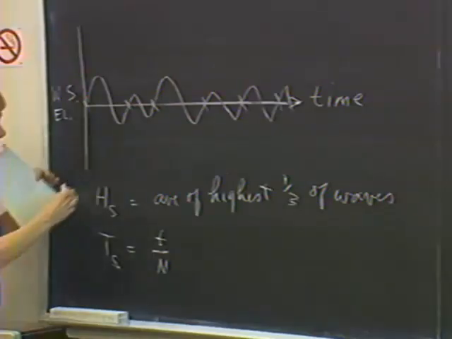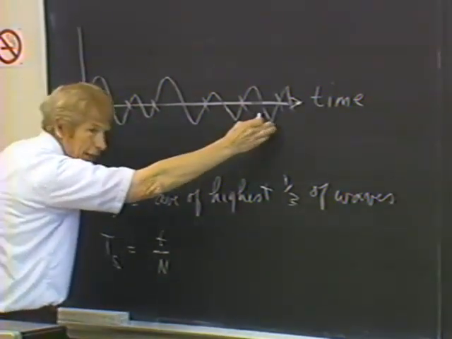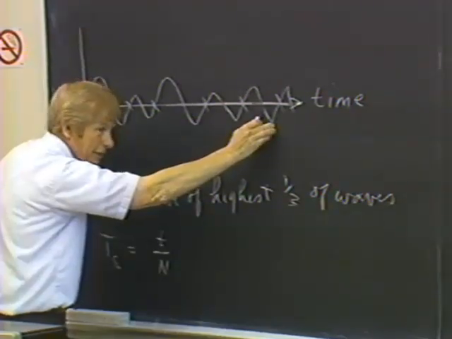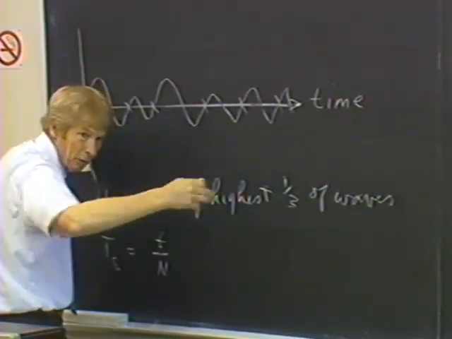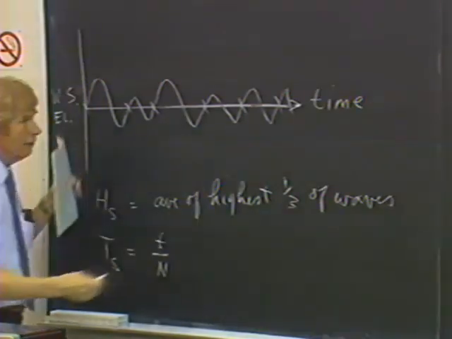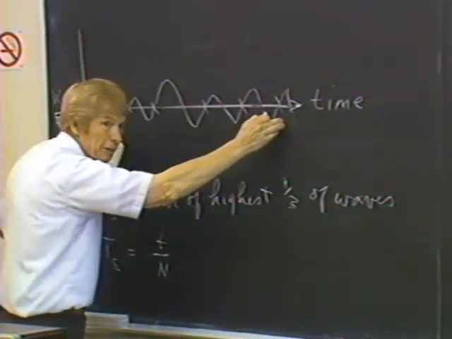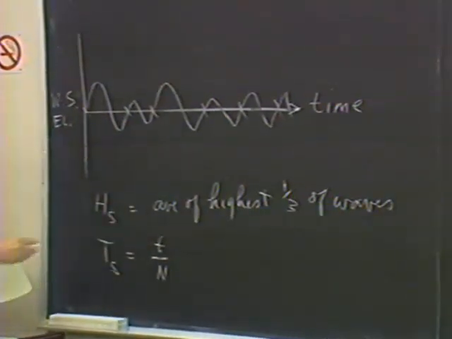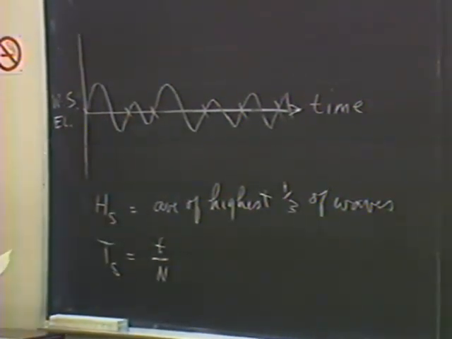So the idea is to get a significant period, you take a sufficient number of waves, typically about 15 if you're interested in short-term measurements, and determine the time over which they were taken. The significant period is just the average period of the wave.